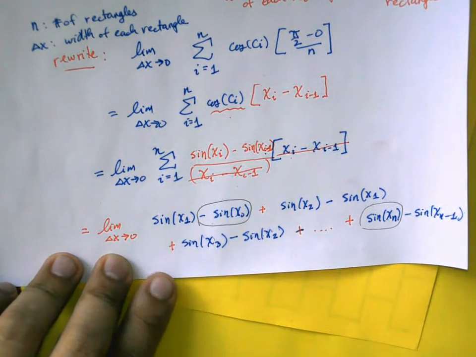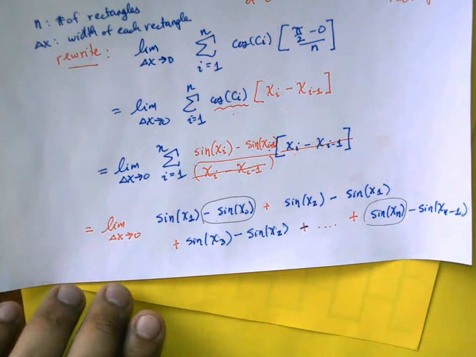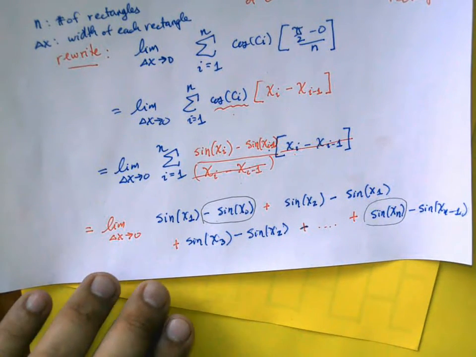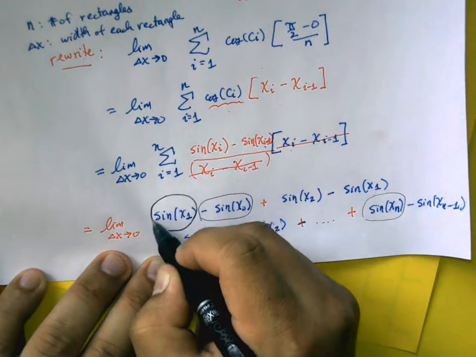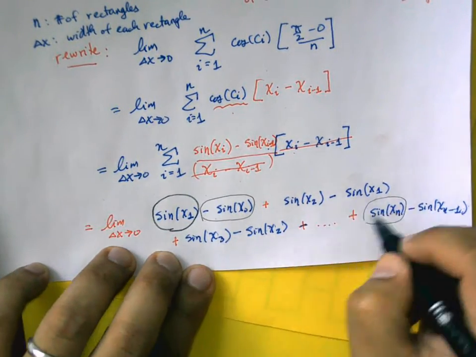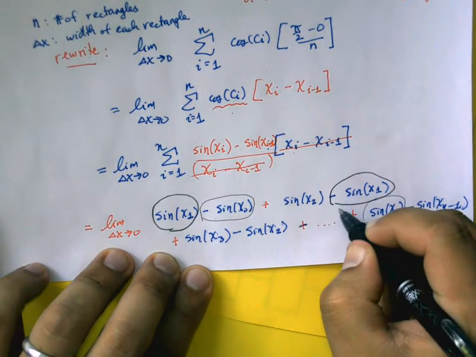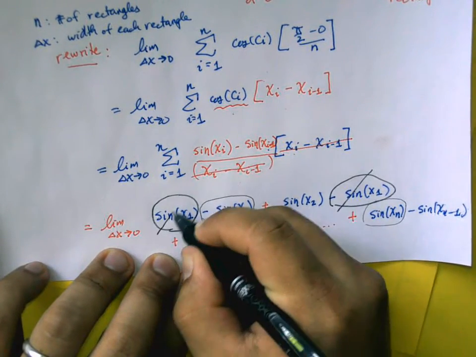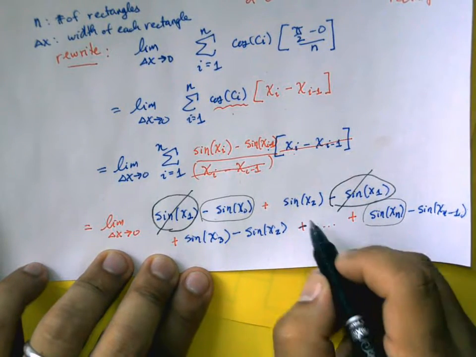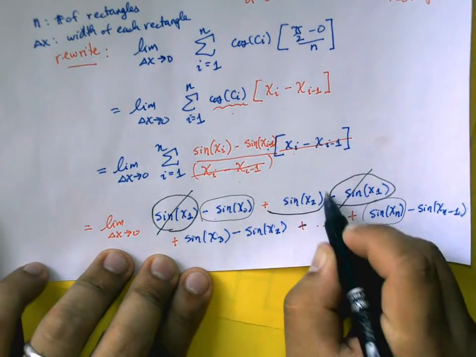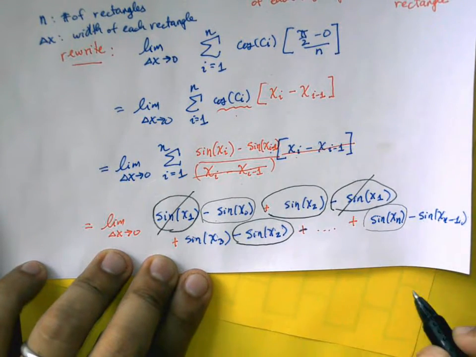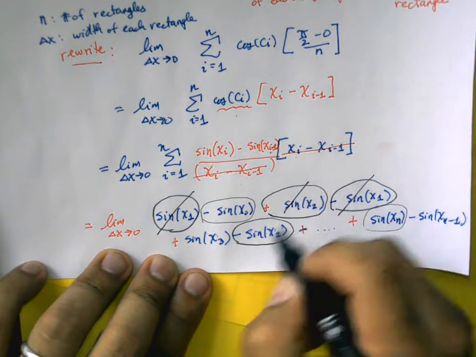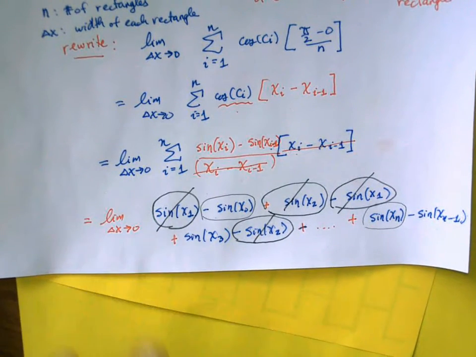This term is somewhat unique because if you look at all the other terms, we have a positive sine of x1 and a negative sine of x1. So that cancels. Then we have sine of x2 positive and negative sine of x2. So these are going to cancel.